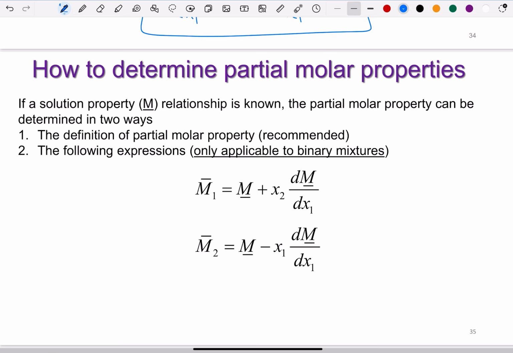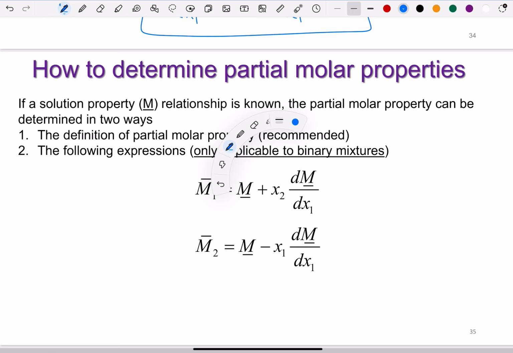These two relationships, I don't memorize them. It works only for a binary mixture, right? It is a derivation for binary mixtures. So if you have a ternary mixture or four-component mixture, it is not going to work. Only two components, okay? So you can quickly calculate the partial molar properties for components 1 and 2.